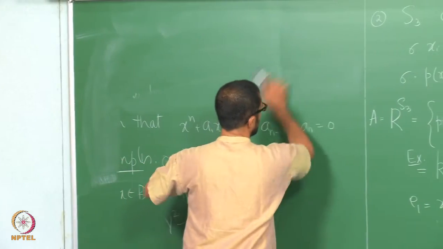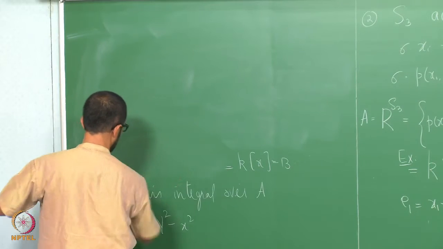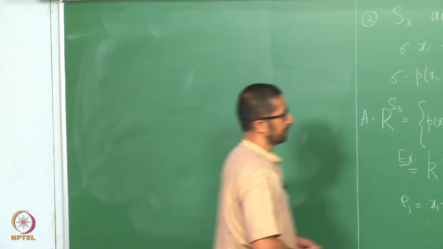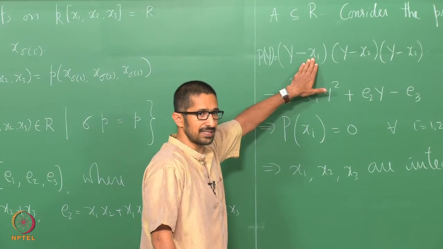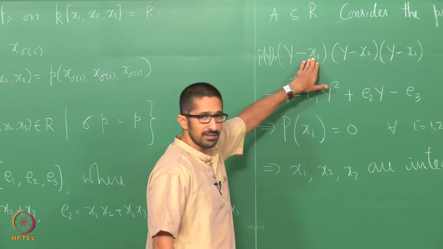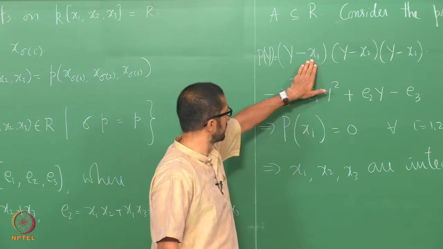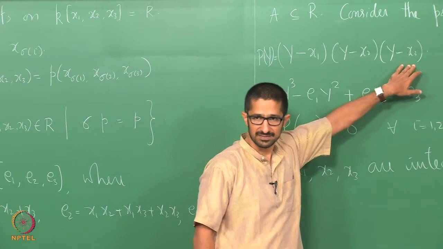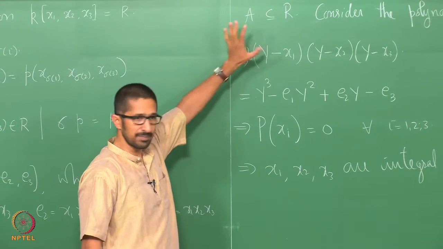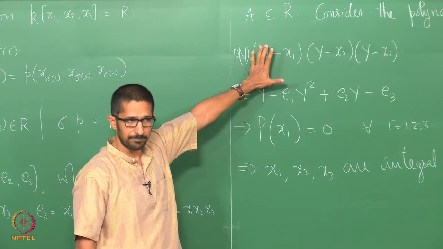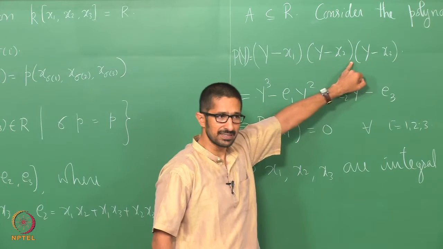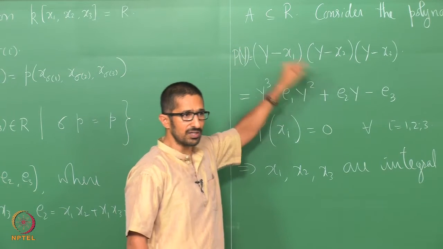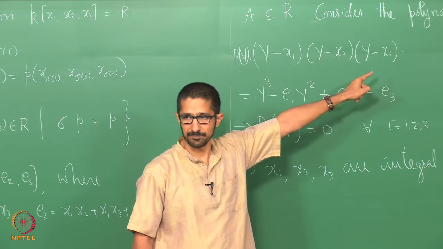So, what have we really done here? We have taken one element, and looked at the orbit of x1, right. So we have taken an element from the polynomial ring, looked at y minus that element times y minus all the possible products, right.